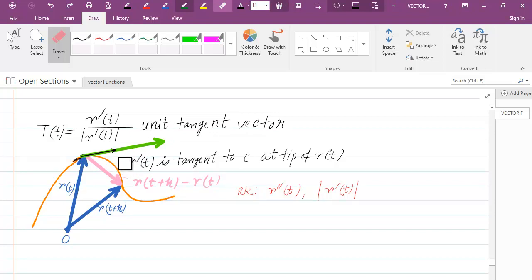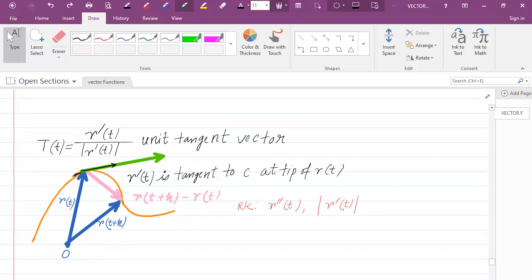So if I think of r prime of t as the velocity vector, then we are saying that the velocity vector is tangent to the path, and T of t is a unit vector in the direction of the velocity vector. So again, the velocity is tangent to the path, is what we are suggesting here. Okay.